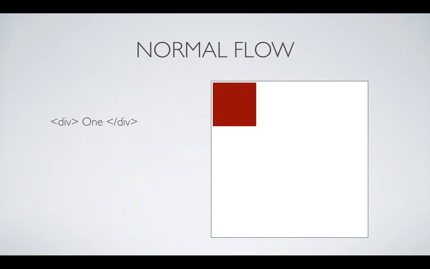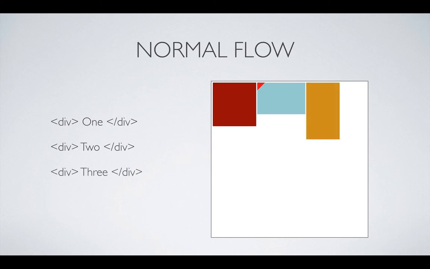The focus of that object is at the top left of the object. Now, once this first object is in place, the new focus is at the top left of the remaining space on the right. And so the second object, when it appears, it will focus on that location. And once again, we'll have the third object appearing next to that.